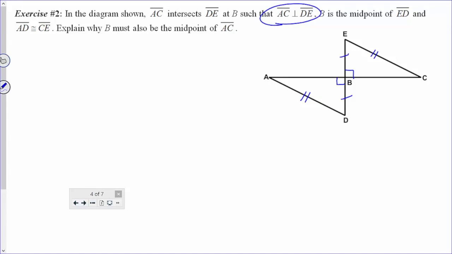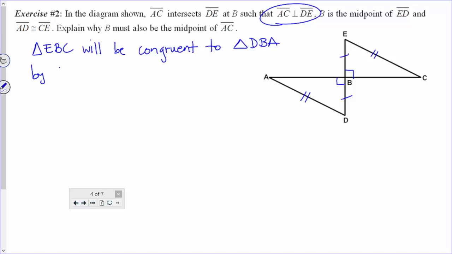All right, I can say triangle EBC will be congruent to triangle DBA by hypotenuse leg because they are both right triangles, and that's very important.